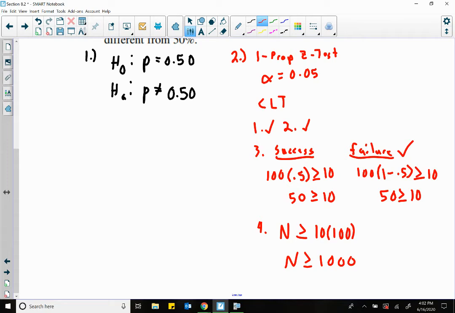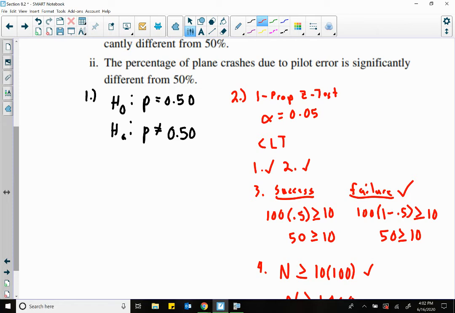That's the question. And yes, there have. So our population of plane crashes is definitely over 1,000. Okay? So step 2 is good to go. Everything is stated and CLT is met. Step 3, let's do some computing.